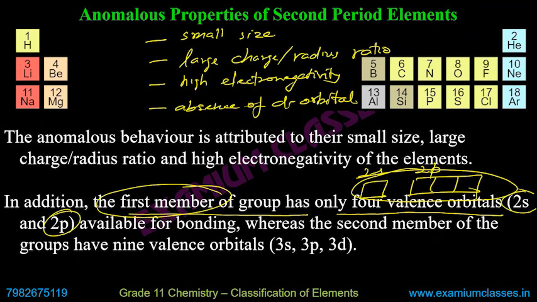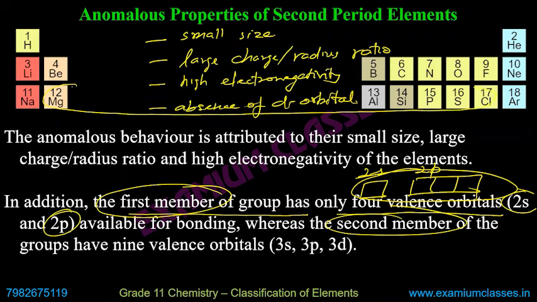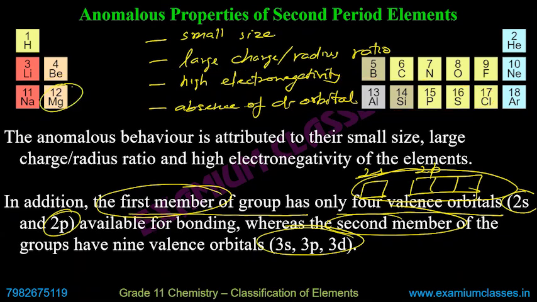However, the other ones, the second members, have 9 valence orbitals. So for example, I consider magnesium. Magnesium, atomic number 12: 1s2, 2s2, 2p6, 3s2.